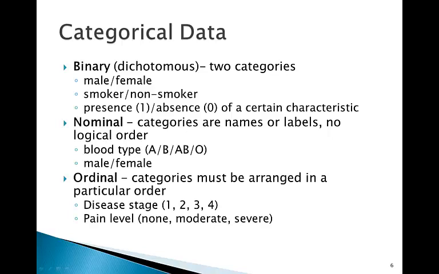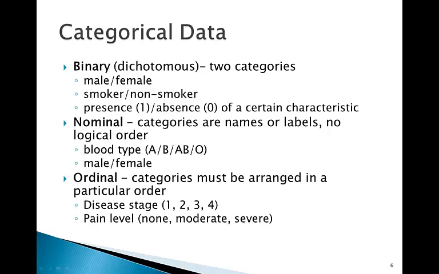So for example, male, female, smoker or non-smoker, or presence or absence of a disease. Nominal data has more than 2 categories, but they don't have any type of ordering. So for example, blood type, A, B, AB, or O. There's no ordering to those categories, but there are more than 2. So binary is a special case of nominal where there are only 2 categories.